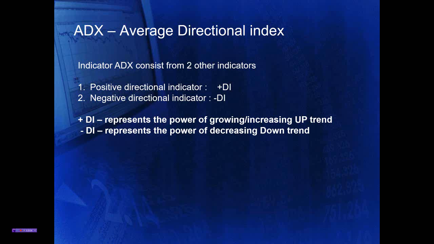So what are plus DI and minus DI? Only now, when looking at plus DI and minus DI, we can judge if the trend is an increasing or decreasing trend. So ADX is telling you the strength, and only its partial indicators plus DI and minus DI are telling you the direction of the trend. Plus DI represents the power of a growing uptrend. Minus DI represents the power of a decreasing downtrend.